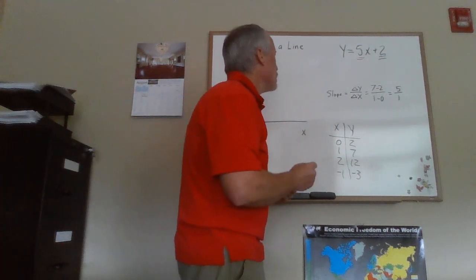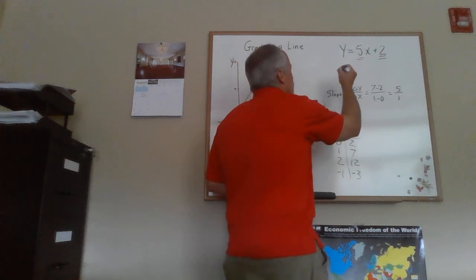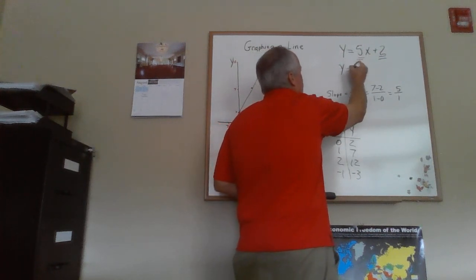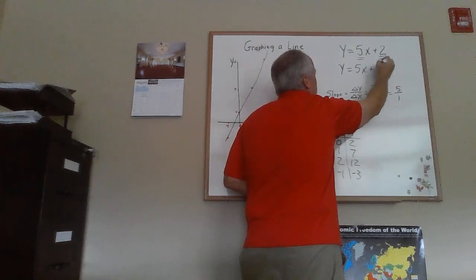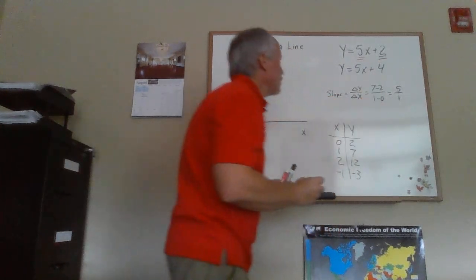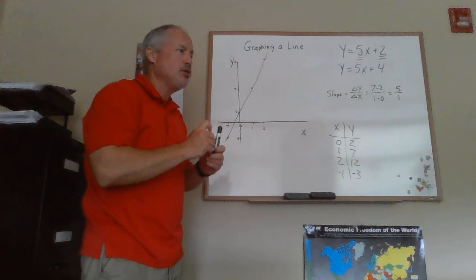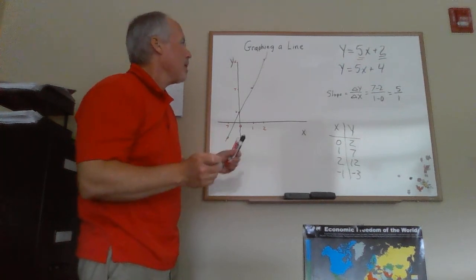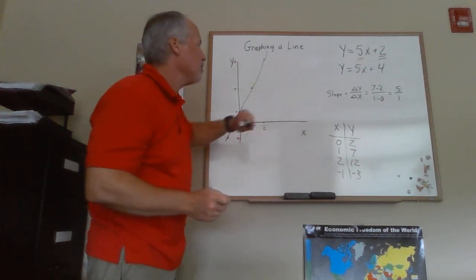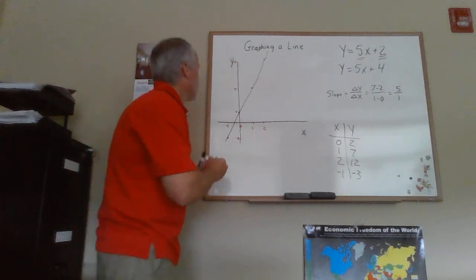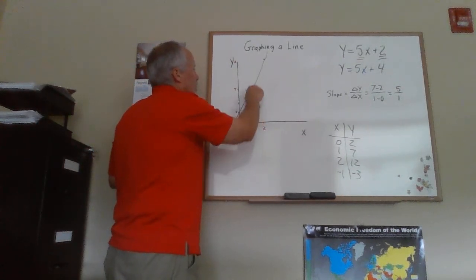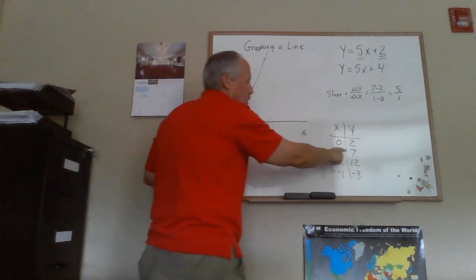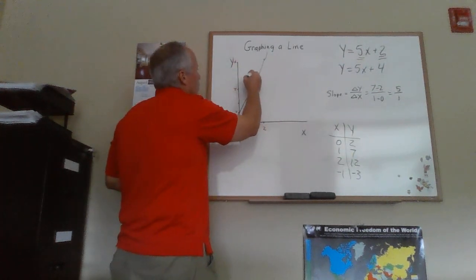So let's suppose we change the value of 2 there to 4. If we make that change, when we plug 0 in for x, we now get 4, not 2. And at the value of 1, instead of getting 7, we get 9.